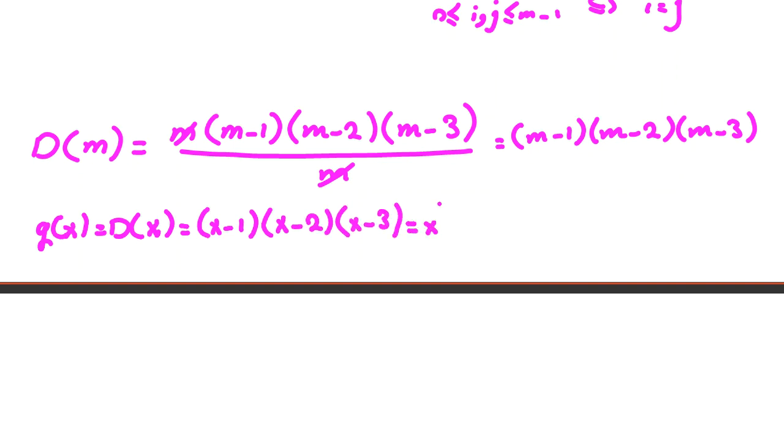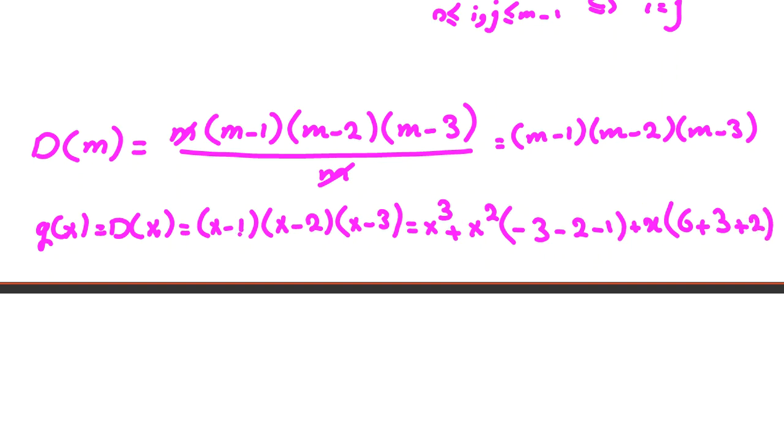If we want to find the coefficient of x, but let's also calculate x squared, we expand x minus 3, x minus 2, x minus 1. The coefficient of x: negative 2 times negative 3 is 6, then negative 1 times negative 3 is plus 3, and negative 1 times negative 2 is plus 2.